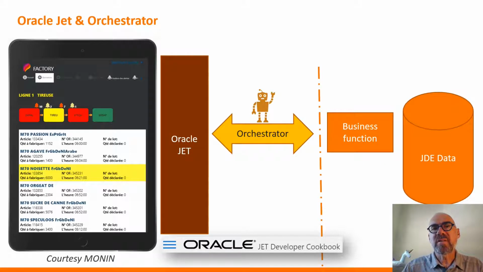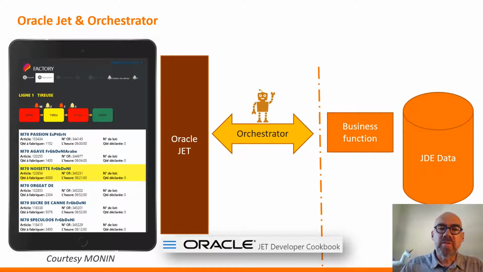Orchestrator, on its side, is a tool that will allow us to record and store a request or an action that is done in JDE with an interactive program. In other words, it is a kind of macro, and we then create a robot that will afterwards be embedded in the Oracle OJET code, allowing the app to redo what has been initially recorded.